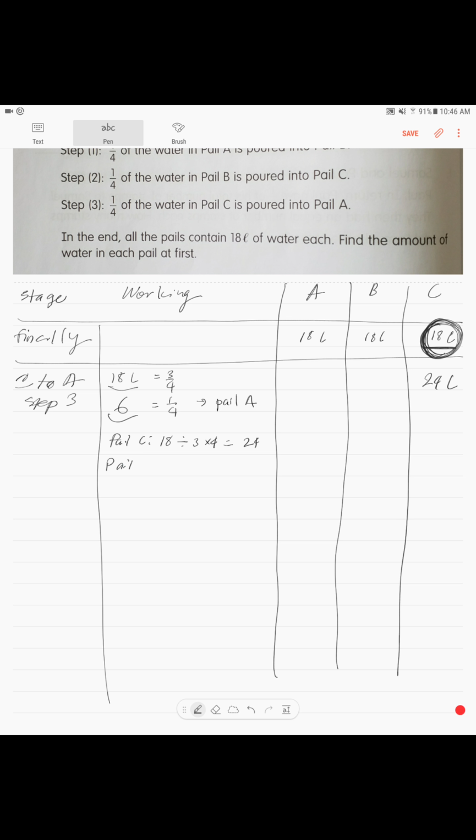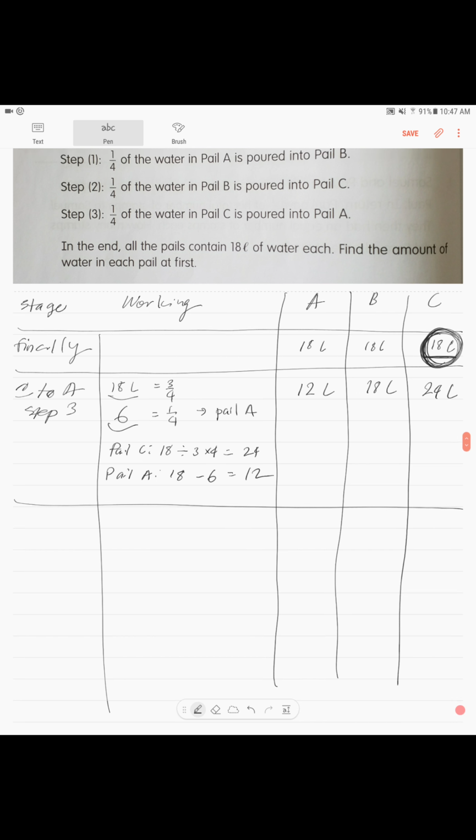Now our pail A is losing these 6 liters. 18 that there are here minus 6 liters that we calculated, minus 6 is 12. This is our second step back. 12 liters and nothing is changing in the pail B. Boom. Third step done.